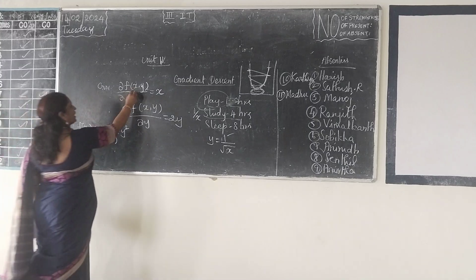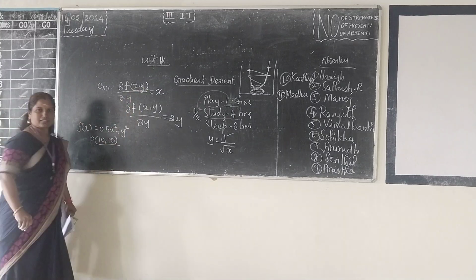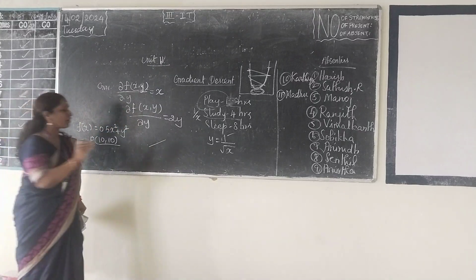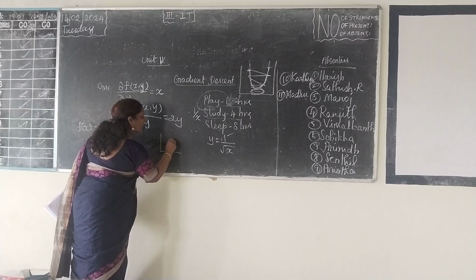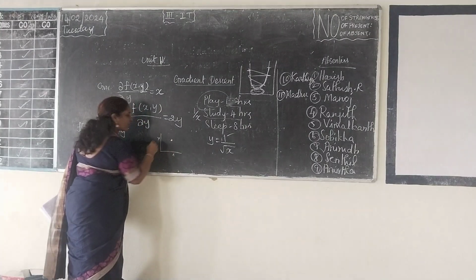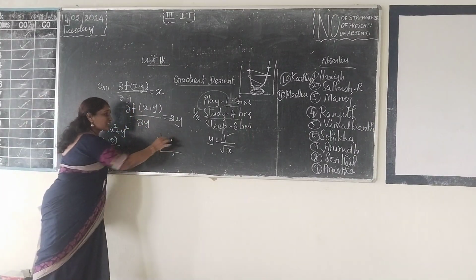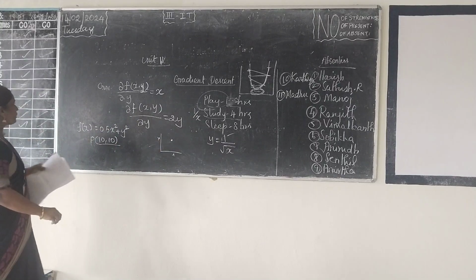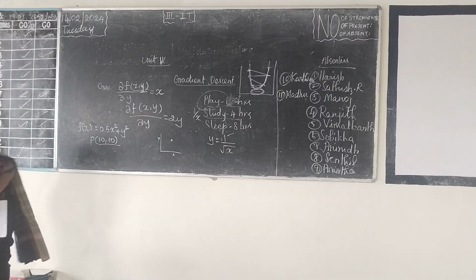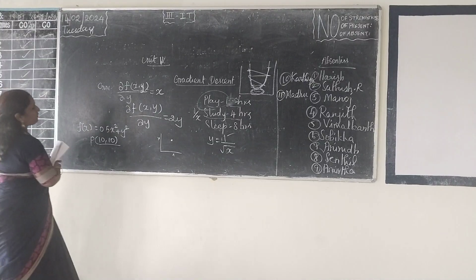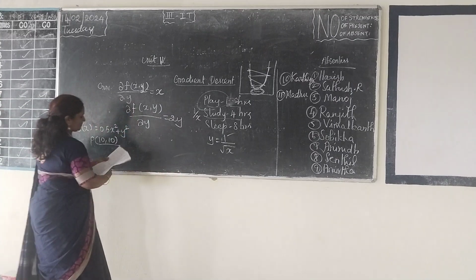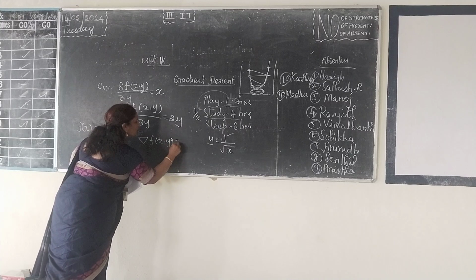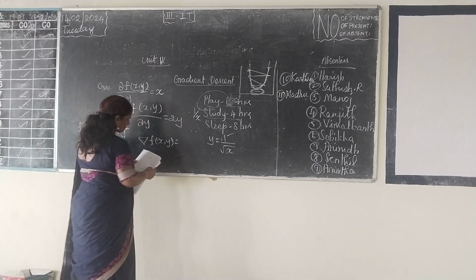Whenever it is two values, it is x and y. Even for a point in a graph, there must be some x value and y value. We are taking just one point and checking. For the first value, apply the formula: gradient of f of x comma y.